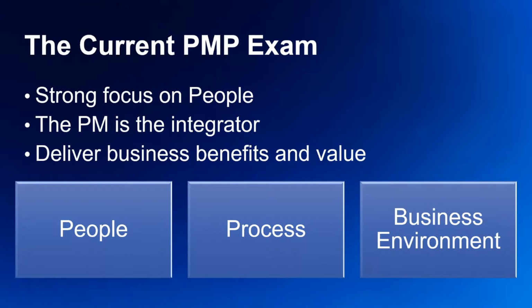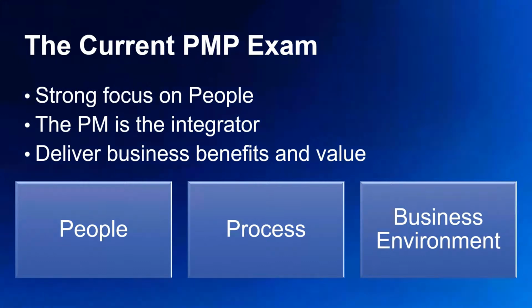It stresses the importance of the project manager's interpersonal skills and her or his ability to lead the team towards project success, right? The ECO also makes a strong connection between leading a project, using project management best practices, while delivering the intended business benefits of value.